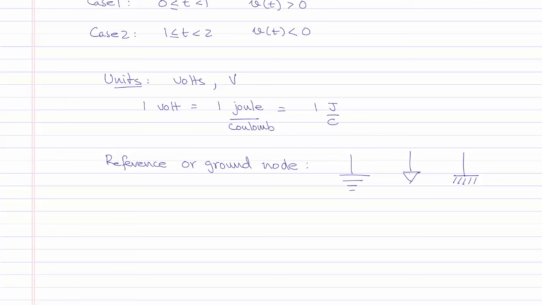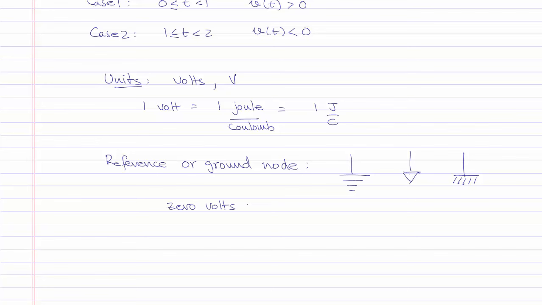The voltage at this node is always taken to be 0 volts, and all other points in the circuit are measured with respect to this ground node or reference node.